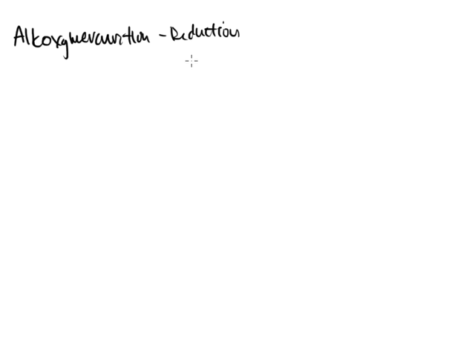Okay, well, mercuration reduction and alkoxymercuration reduction are very similar. In alkoxymercuration, though, we have a different mercury compound. This mercury compound is not mercuric acetate, but it's mercuric trifluoroacetate.